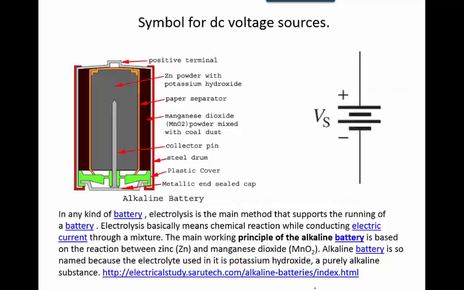Here's my battery drawing, and here's the symbol for a battery schematically. This is a battery with more than one big and little line, as opposed to a cell. A cell is written like that.